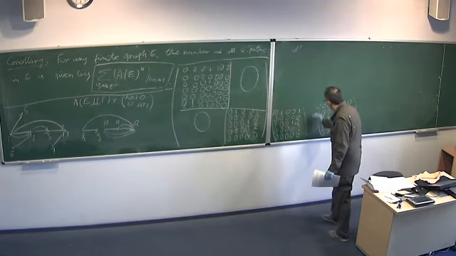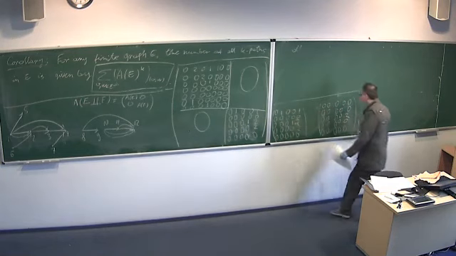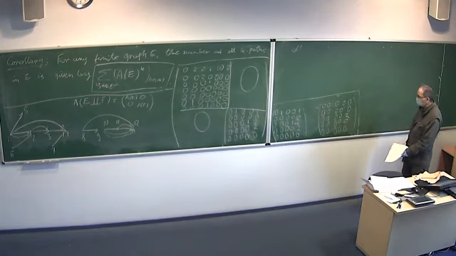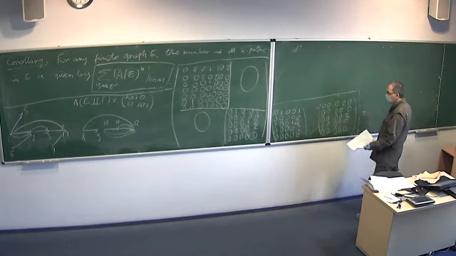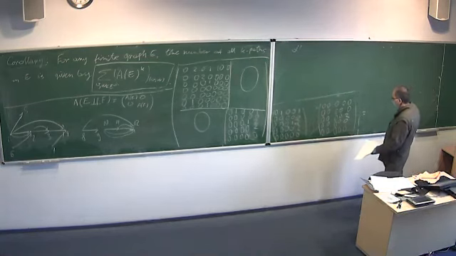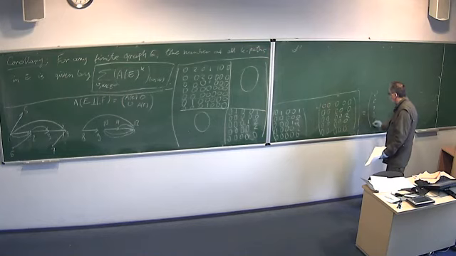Okay, and now I have to multiply it again. So now let me multiply these two. And what will I get? First column is of course 0.